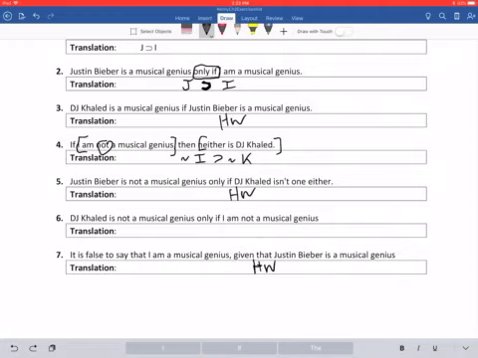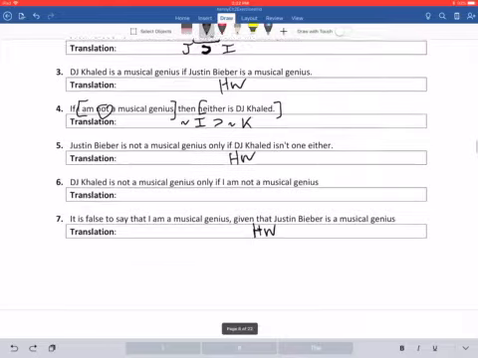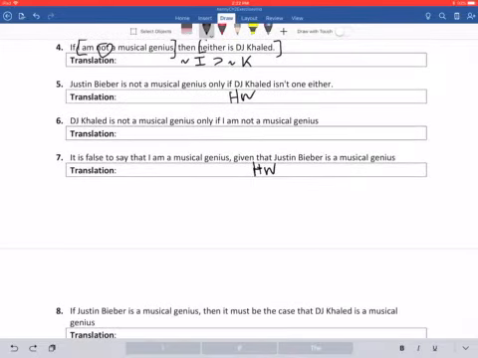So if I am not a musical genius, then DJ Khaled is not a musical genius. 6, DJ Khaled is not a musical genius only if I am not a musical genius. So again, we'll put the horseshoe directly in for only if. DJ Khaled not, so negation, K, conditional, negation, I.